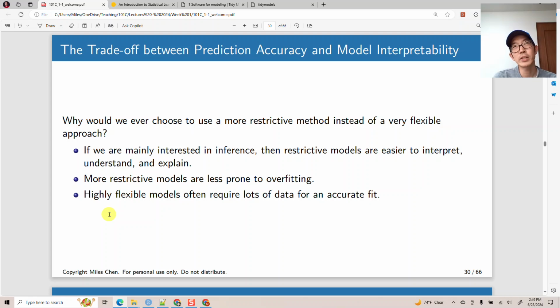Why would we ever want to have this kind of restrictive model instead of one that's very flexible? Well, if we are interested in inference, where we're trying to understand and interpret things, restrictive models are easier to interpret, easier to understand, easier to explain.